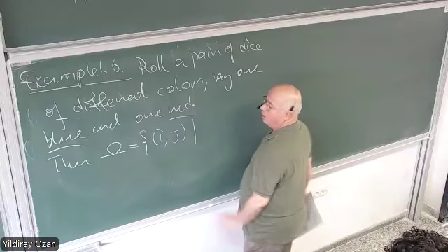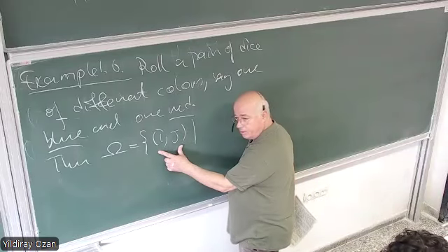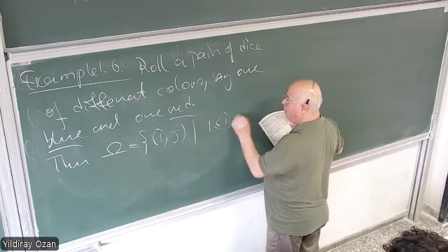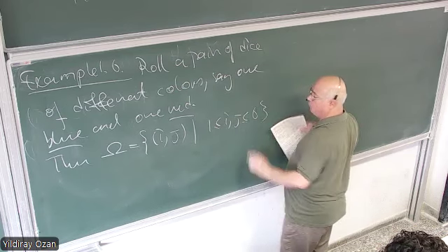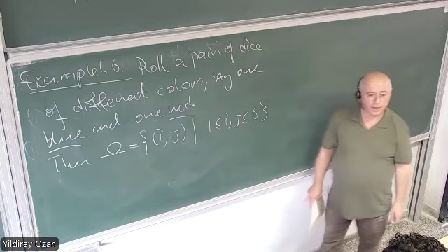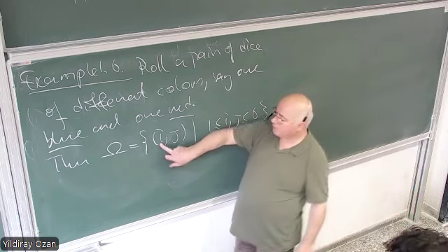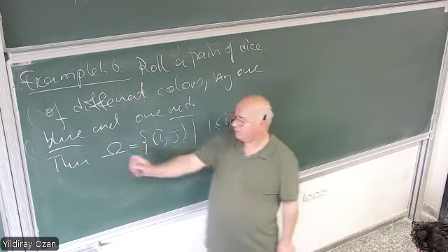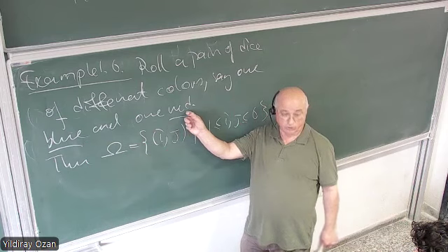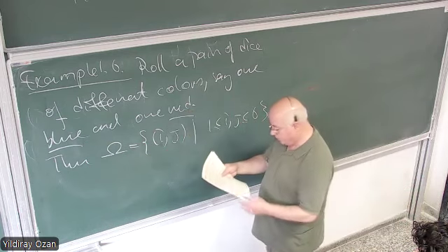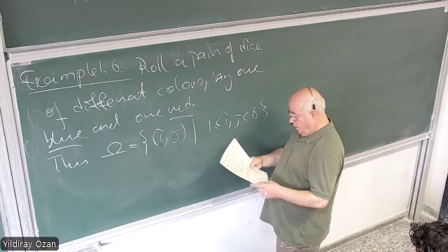So the outcomes are pairs (i, j). Here, each i and j, of course, is a number between 1 and 6. The first coordinate corresponds to the blue die. The second coordinate corresponds to the red one. So this is our sample space.